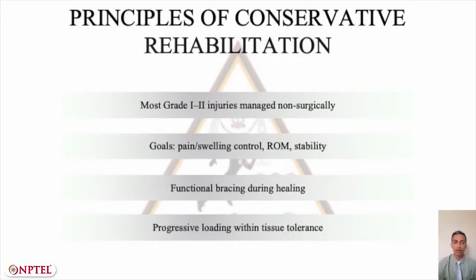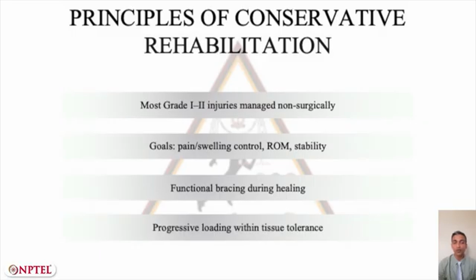Most grade 1 and 2 injuries heal well with non surgical or conservative line of management. The goals are to control pain and swelling, restore the range of motion, to maintain the muscle strength, and to ensure knee joint stability.